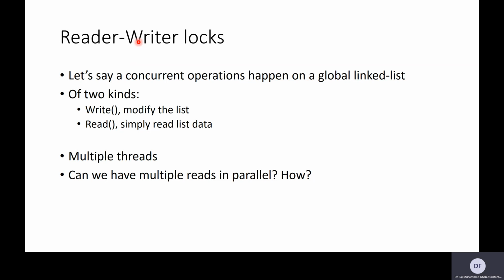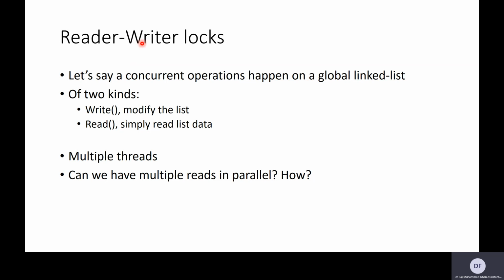Okay, so if you can allow multiple threads to access that data for read-only purposes, then we will increase our efficiency. Okay, because for read-only access, threads do not have to wait. Okay, so for efficient implementation, we shall allow read-only accesses to more than one thread.